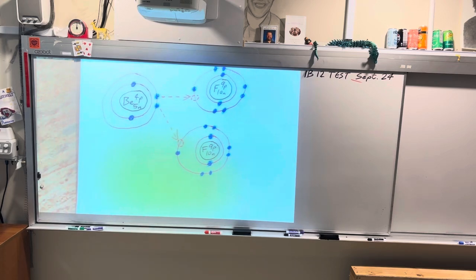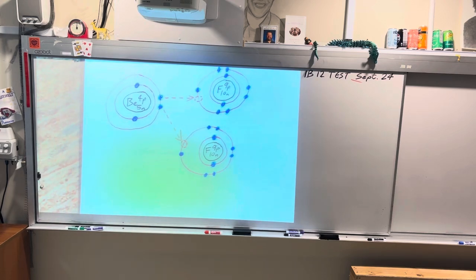So what we're left with here, are we left with atoms? No, they're not atoms anymore. We don't call them atoms. What are we left with? Ions. Good, ions. Everybody say ions. Tell the person beside you what an ion is.